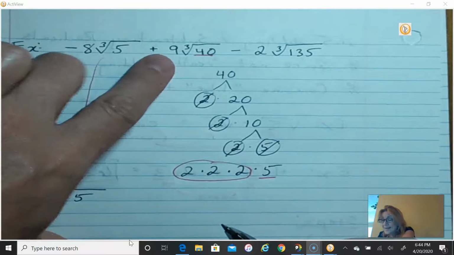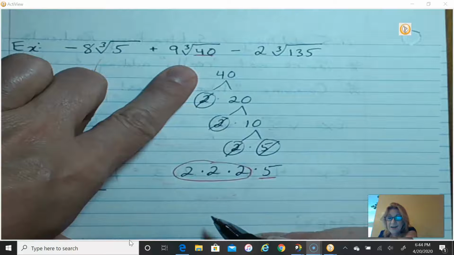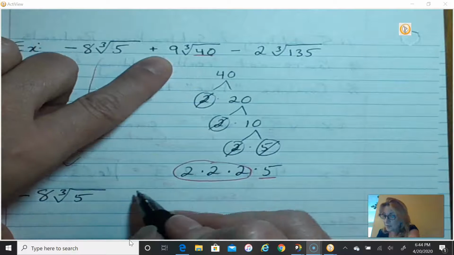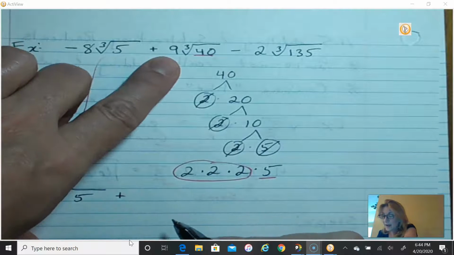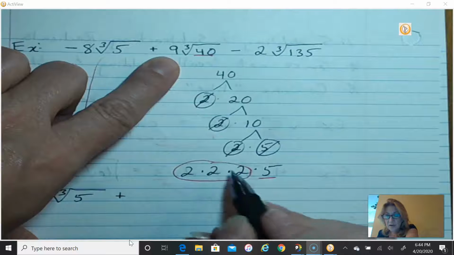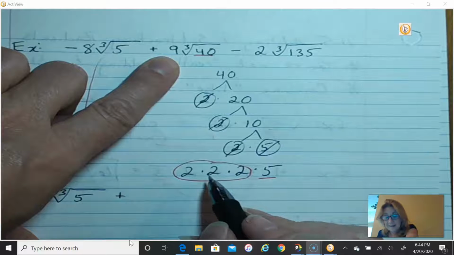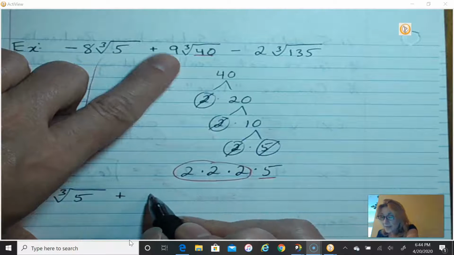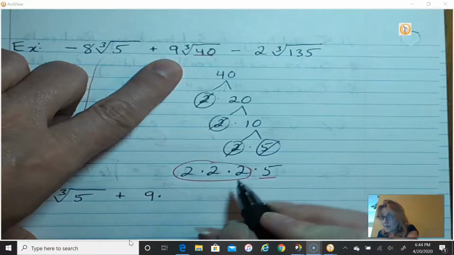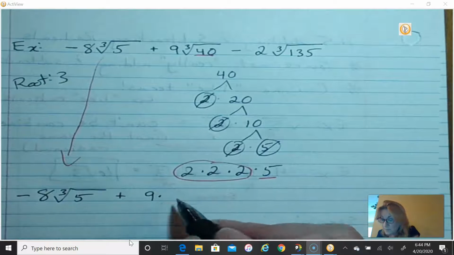I'm going to rewrite this one, but watch how I do that. It's plus, see that 9? Remember this part that I circled goes on the outside, yes? It's going to be 9 times that 2.